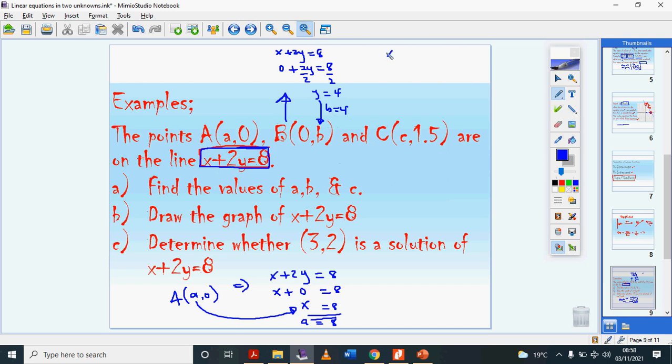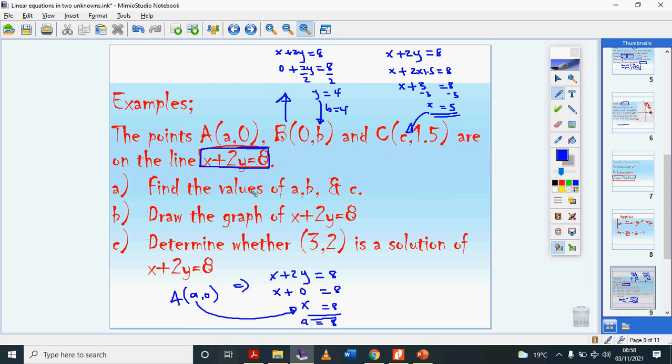And then let's look at c. x plus 2y is equal to 8. c is in the position of x, and 1.5 is in the position of y, so I'll have 2 times 1.5. I hope you can see that 2 times 1.5 is the same thing as 3, so x plus 3 equals 8. Subtract 3, subtract 3, x is equal to 5. So the c value is 5.